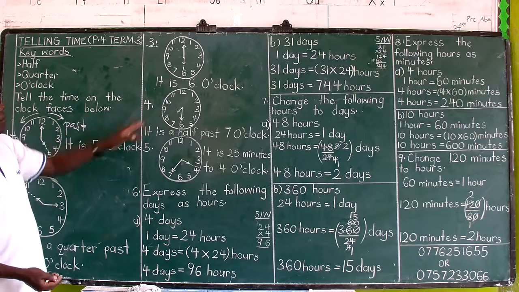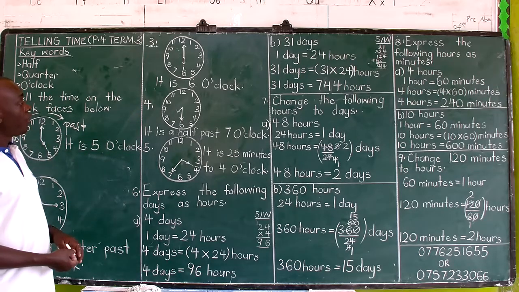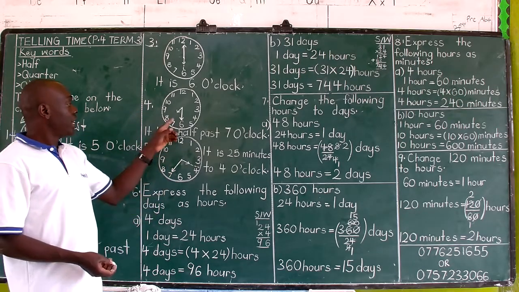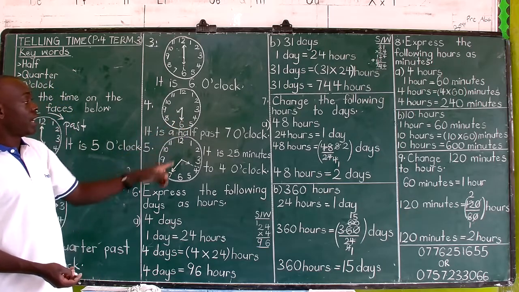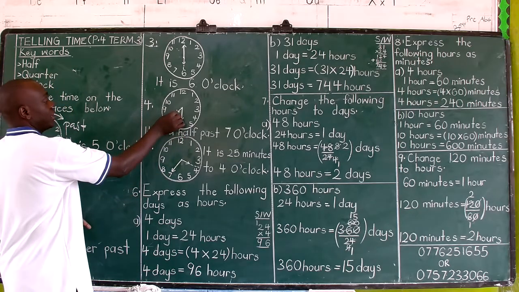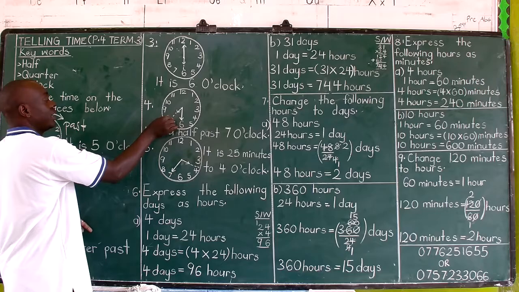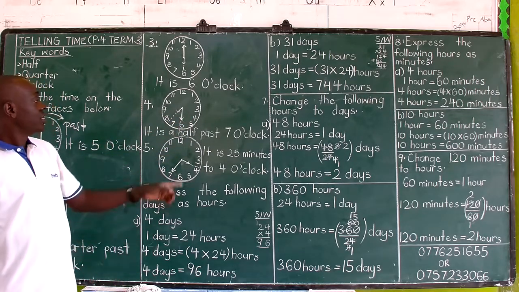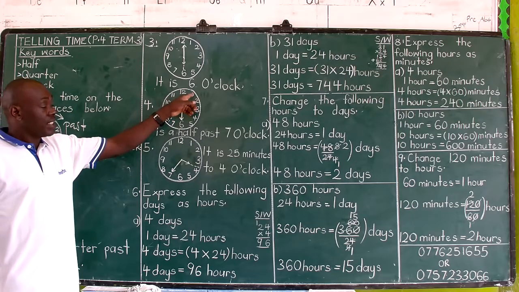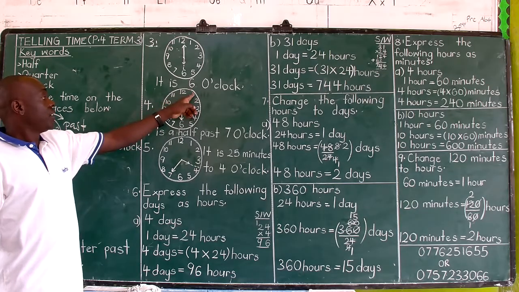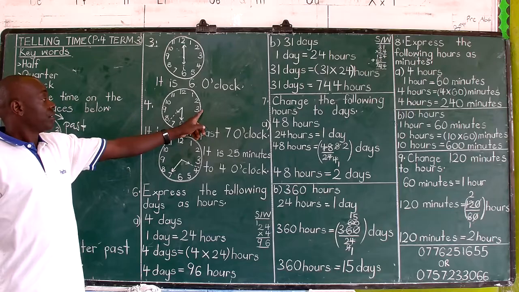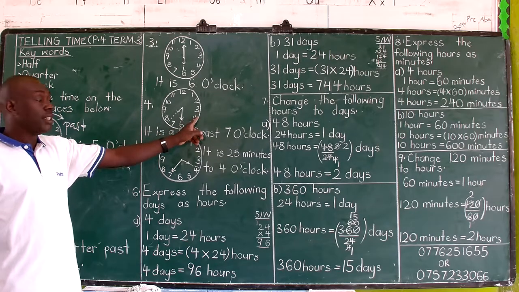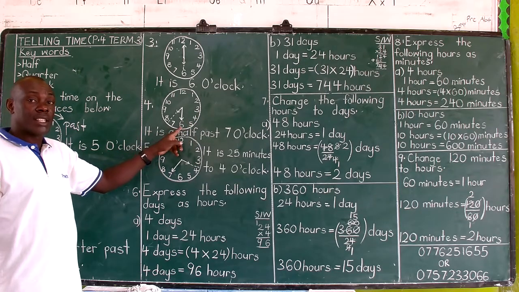As you look at number 4, let your eyes go directly where the longer hand is pointing. The shorter hand is at 7, and the longer hand is pointing at 6 directly. So then count the minutes clockwise: 5, 10, 15, 20, 25, 30.